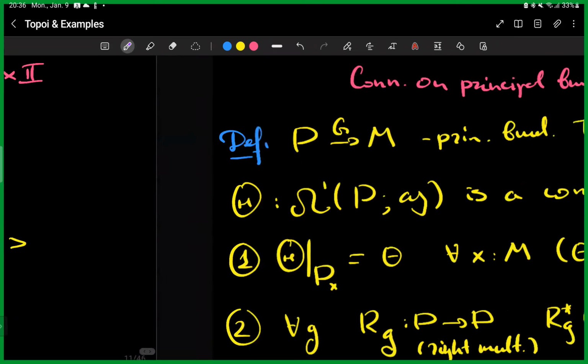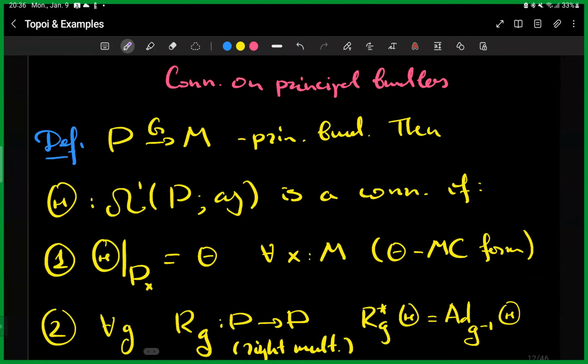But there are geometric situations where sheaves, in our usual sense, are not enough. So let's consider a common differential geometric situation. Assume that we have a principal bundle over M, where M is some manifold and G is some finite dimensional Lie group.